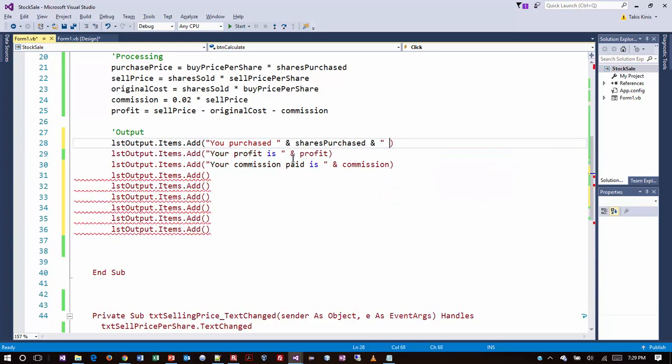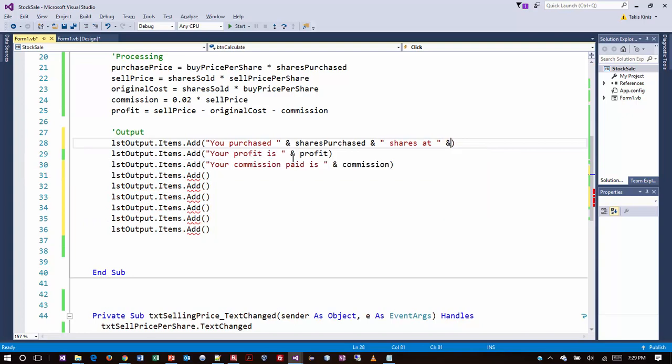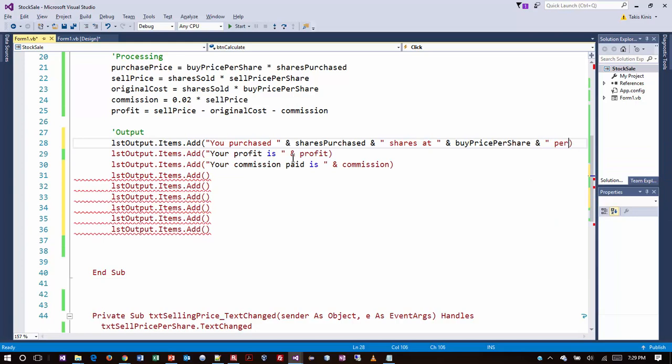Put in a double quote and a space, and then I'm going to type shares at, but I purchased them at a certain price, so I'm going to say the buy price per share, and then I'm going to add to it per share.